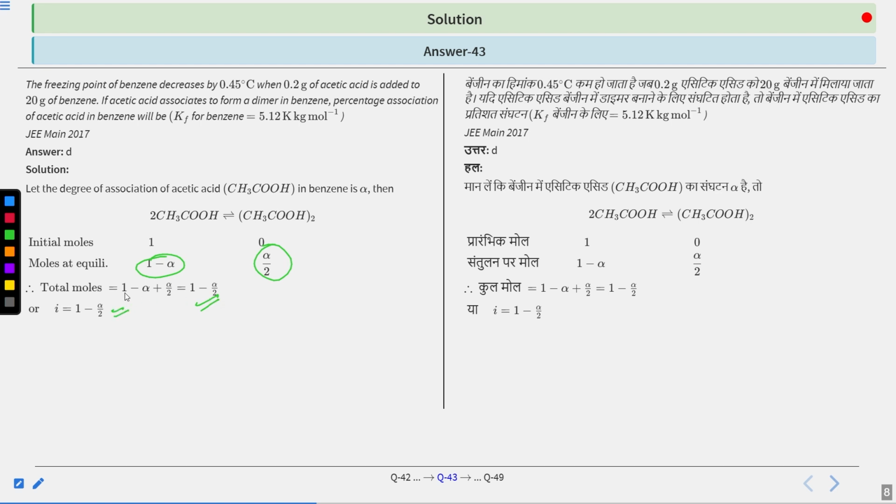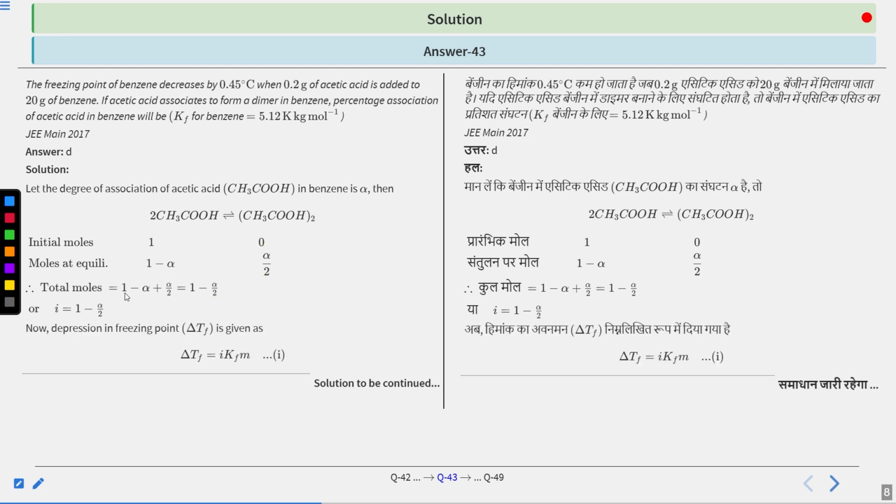So we can write i equals 1 minus alpha by 2, the van't Hoff factor. The depression in freezing point is given by delta Tf equals i Kf m, so we are using this equation.